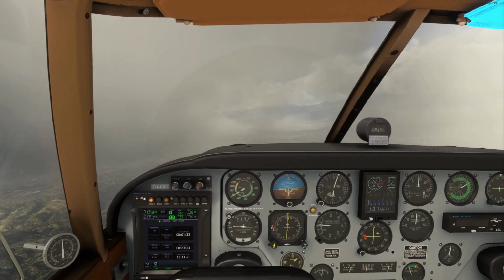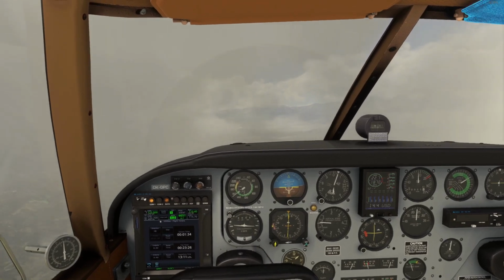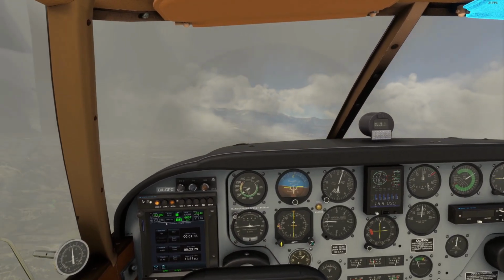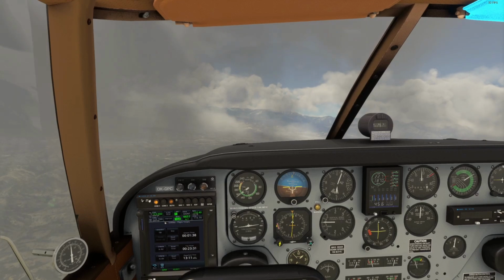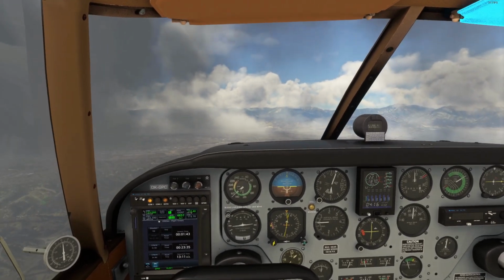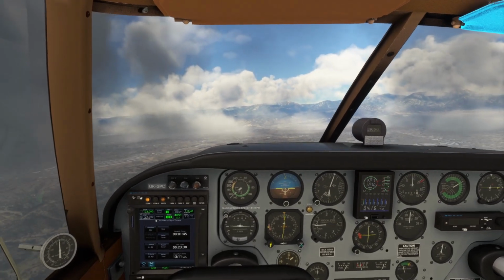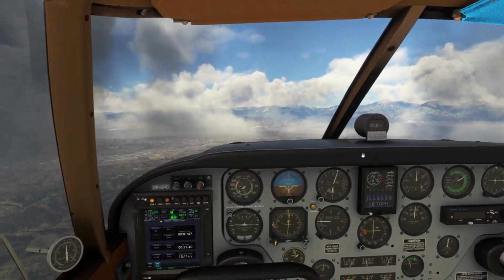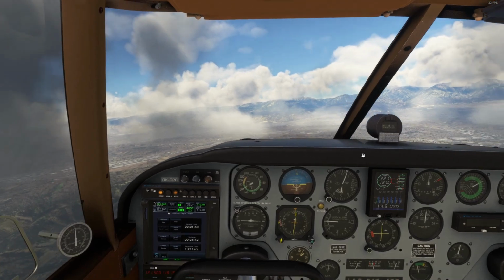Let's get the latest weather. Pomona says that there is 0 wind and 10 miles visibility, scattered 080. Well, we have clouds a little bit lower than this in the simulator, but that doesn't really matter.